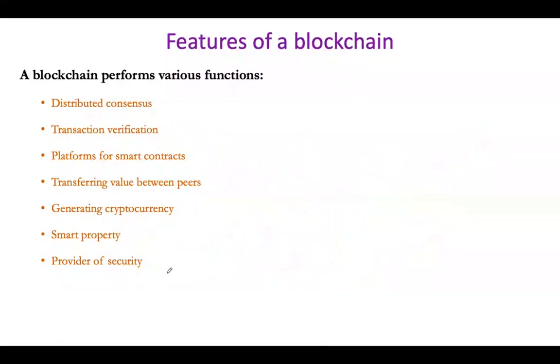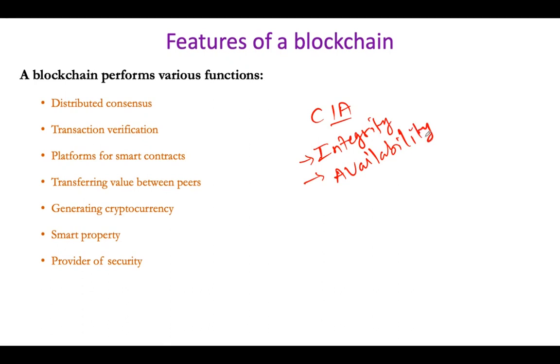And the next one is the provider of security. Blockchain is based on proven cryptographic technology that ensures the CIA: confidentiality, integrity, and availability of the data.